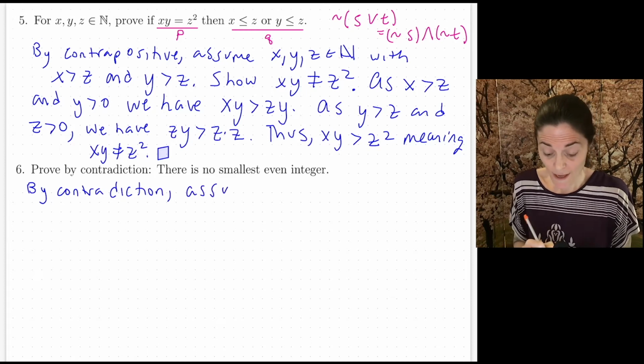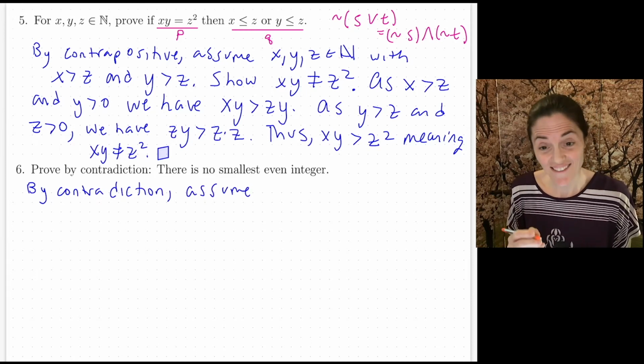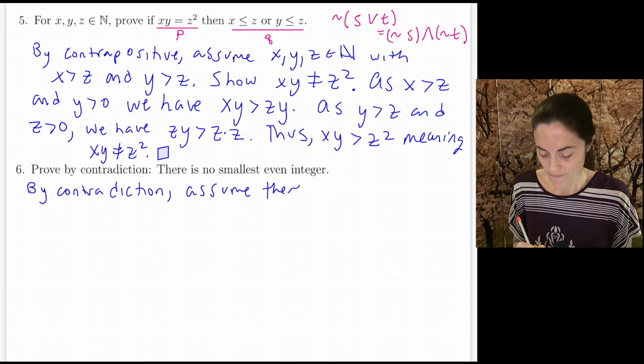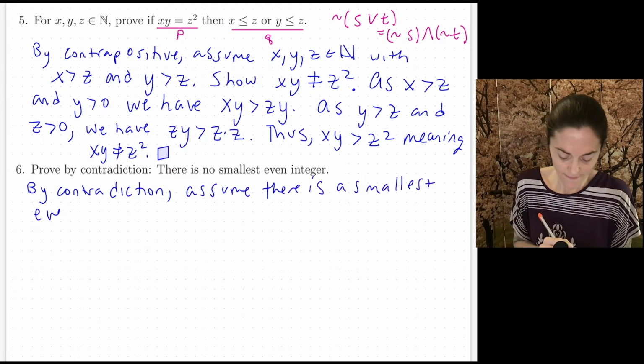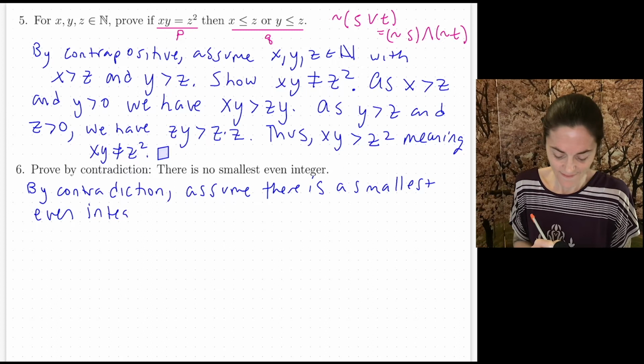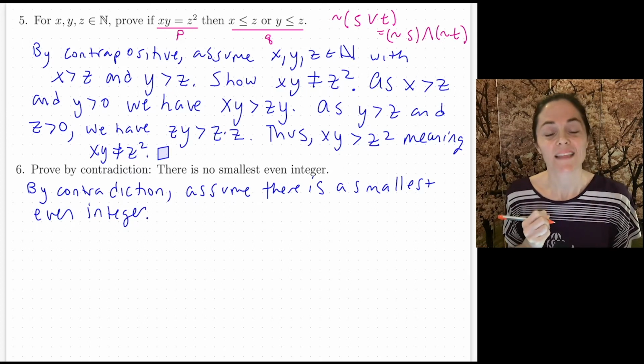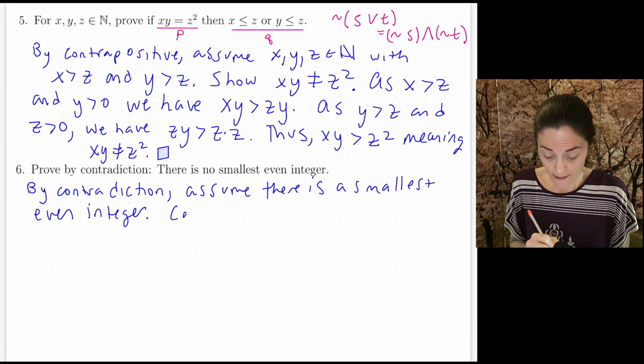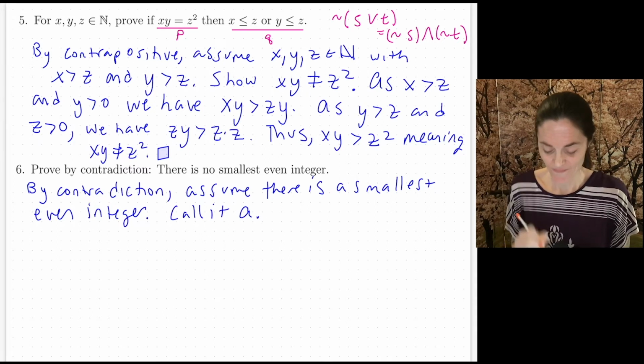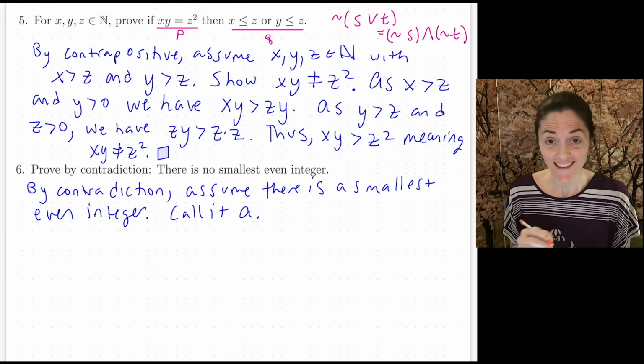We assume there is a smallest even integer. And we can just say, call it A. So A is now the smallest even integer.